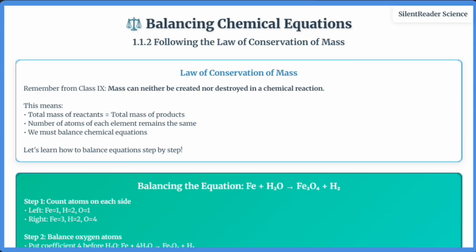Finally, we balance iron by putting coefficient 3 before Fe. Now we have 3Fe + 4H2O yields Fe3O4 + 4H2, with all atoms balanced. We can also make equations more informative by adding physical states: solid (s), liquid (l), gas (g), or aqueous (aq).